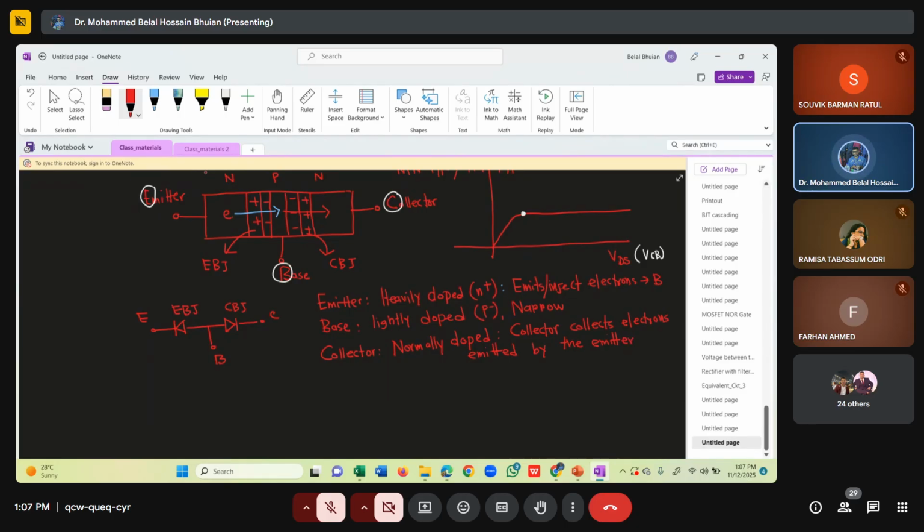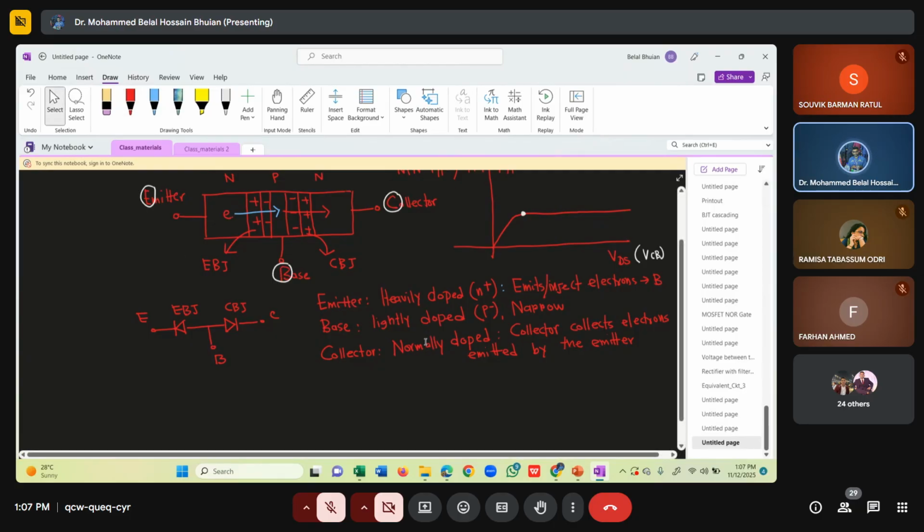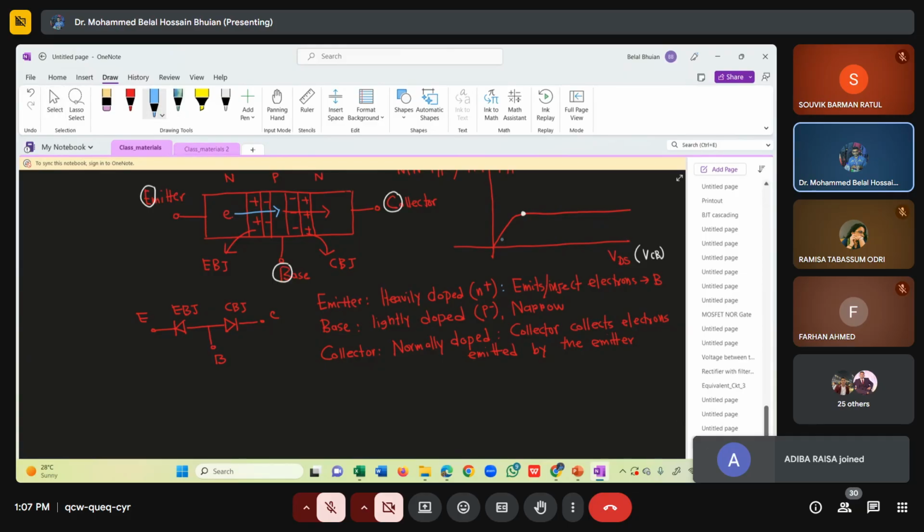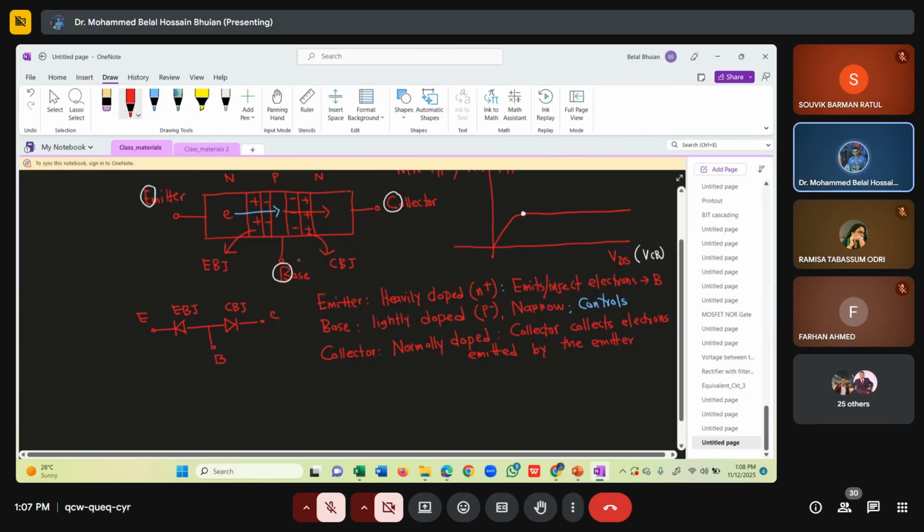So the emitter emits, the collector collects. Then what is the role that the base plays? The base controls the flow of electrons from the emitter to the collector.